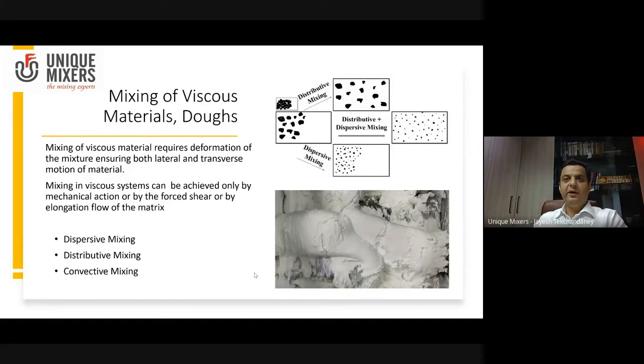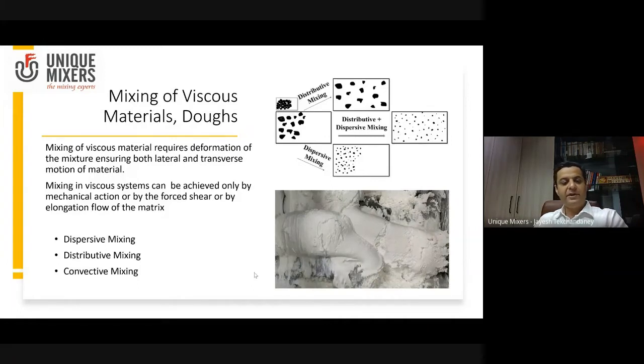When you knead, you basically take the dough and you shape it in different directions, elongate it, turn it around, compress it. So you are basically distributing that, and you are also carrying out dispersive mixing, where the solids are well dispersed in the mass.